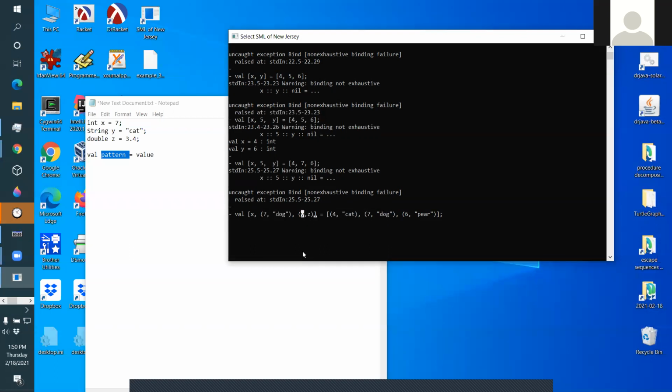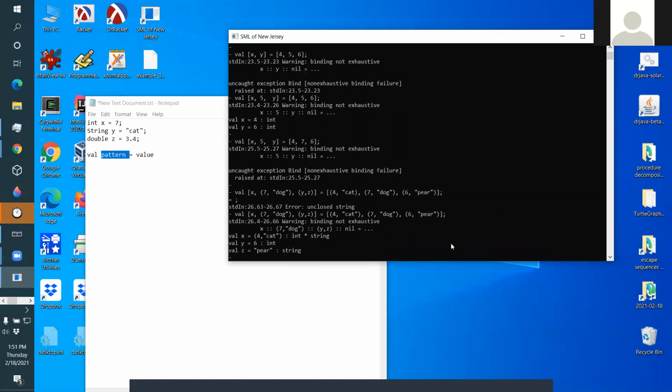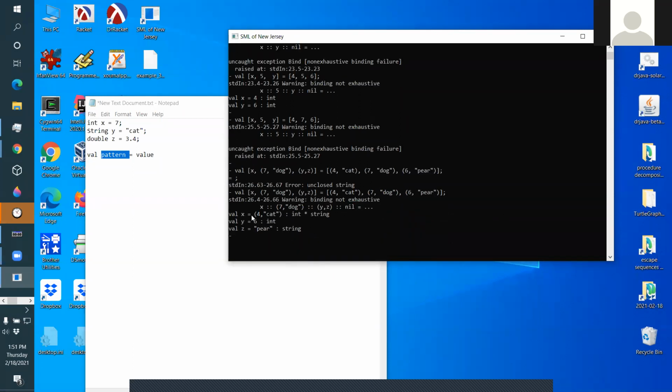What's Y? 6, because this pair matches that pair, and the Z is the string 7. X got 4 cat, Y got 6, Z got pair.